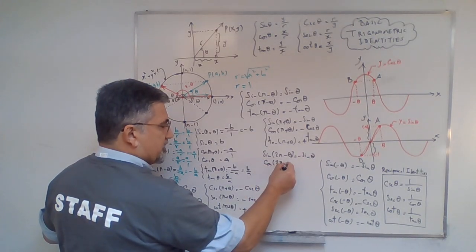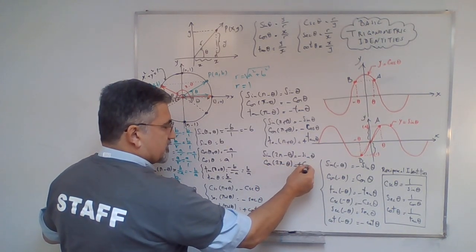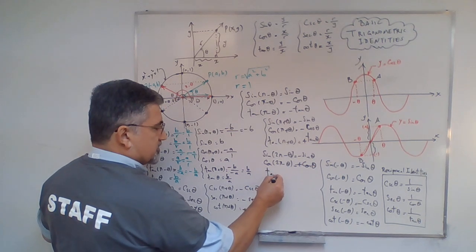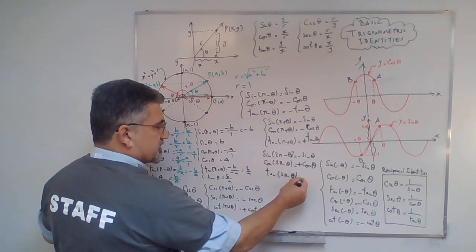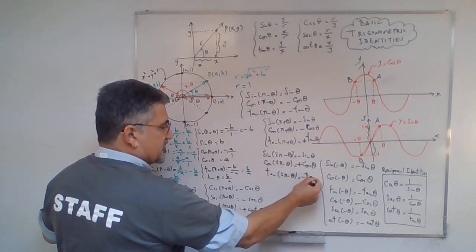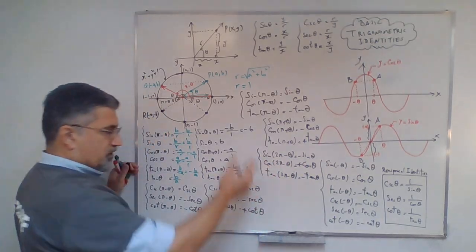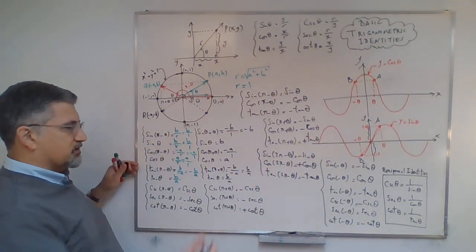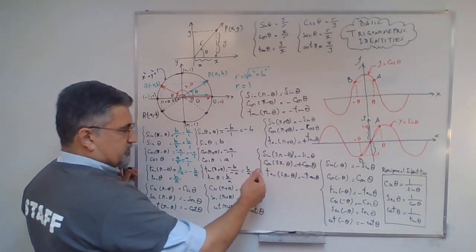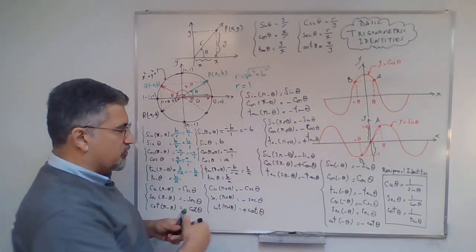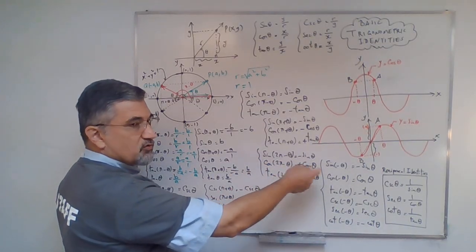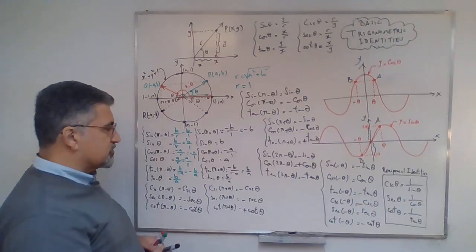Cosine of 2 pi minus theta would be positive cosine of theta, and tangent of 2 pi minus theta would be negative tan of theta. Reciprocal identities you can automatically derive, so I don't write them here, but cosecant of 2 pi minus theta is equal to negative cosecant of theta, and so on and so forth.